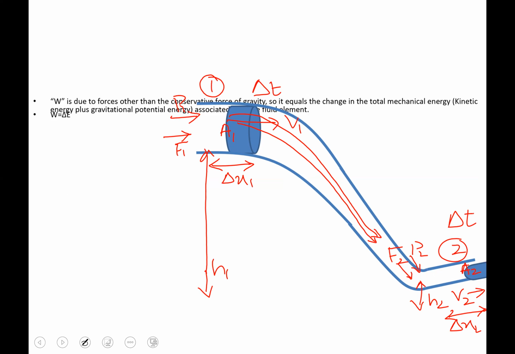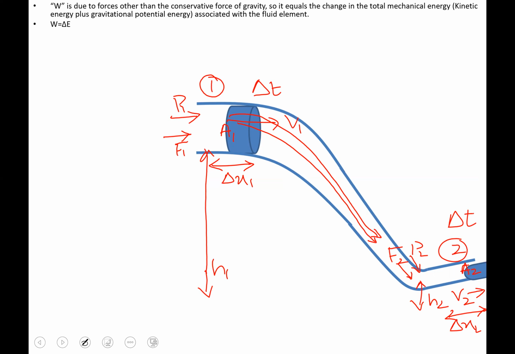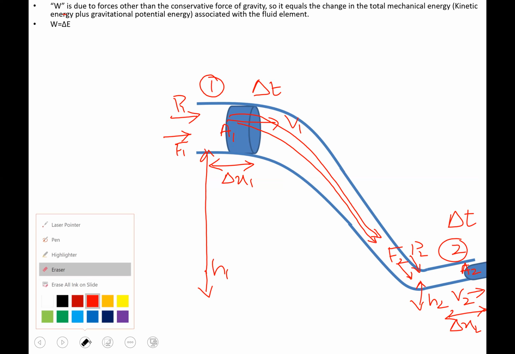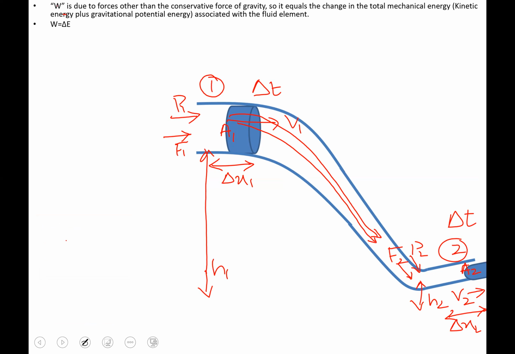Now let us explain what is happening with the help of mathematics. W is the work due to forces other than the conservative force of gravitation.